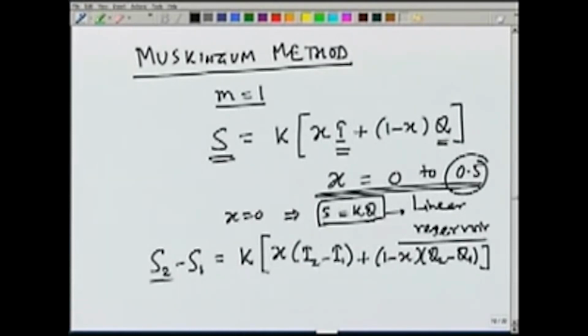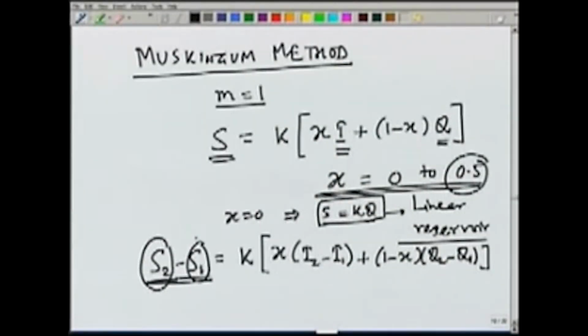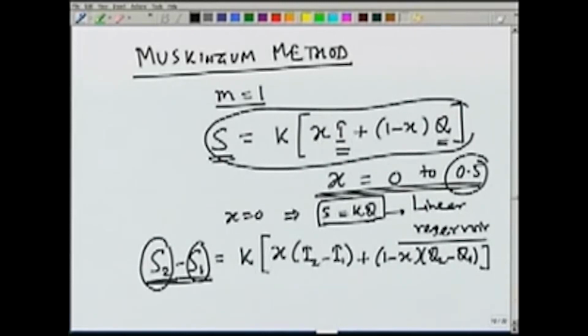We can find the change in storage between 2 points, one before the interval and one after the end of the interval. So, with the time step of delta t, S2 is at the end of the time interval, S1 is in the beginning. Now, this S can be related with I and Q using the Muskingum equation, with m equal to 1, and therefore, we can get the change in storage by this equation.